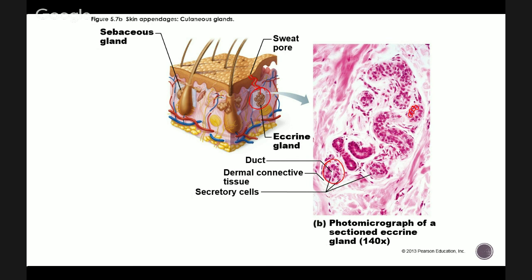A little lab activity. Back when I used to have students come to lab, it was an activity where we looked at people's distribution of sweat glands. So we take little pieces of paper and put iodine on them, and then we put it on the forehead, on the hands, on the feet, on the leg, on the arm, and we just let it sit for a while.